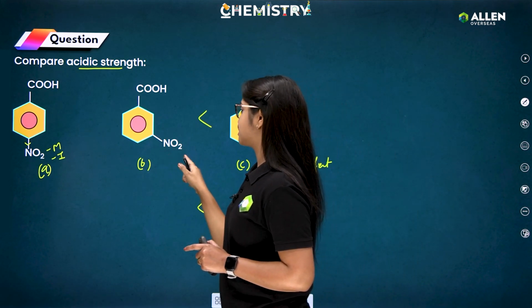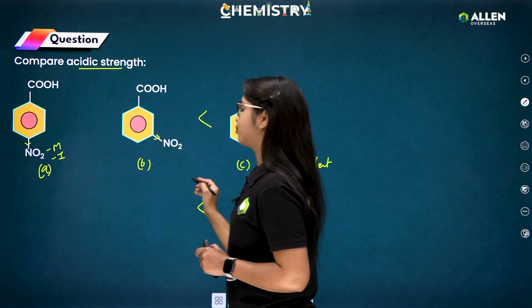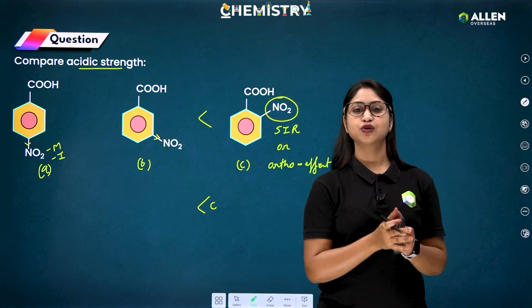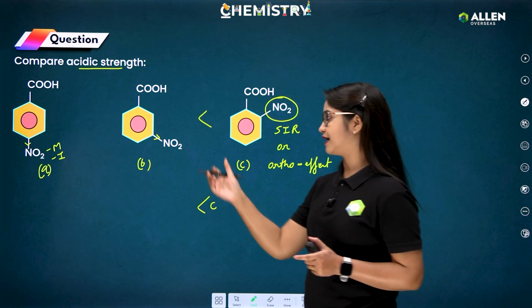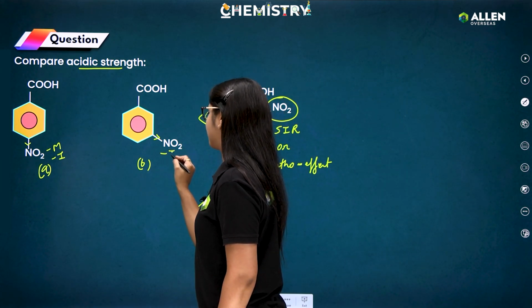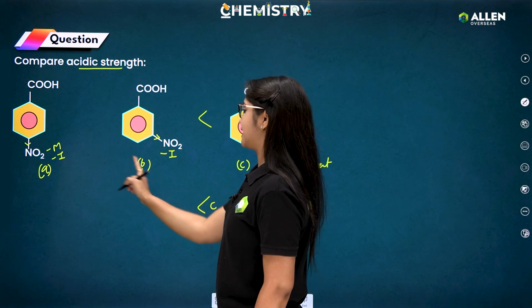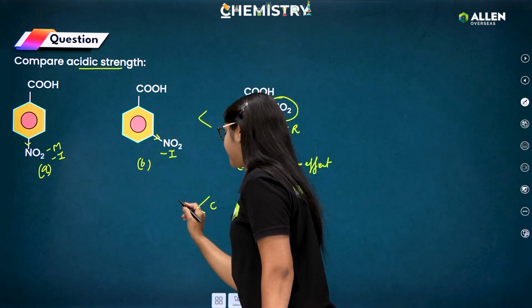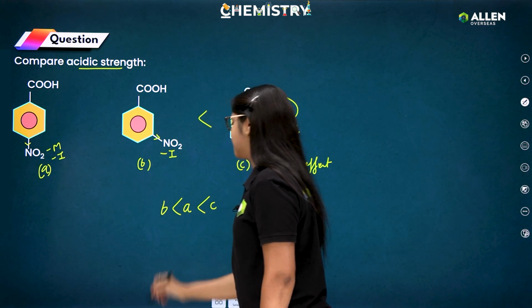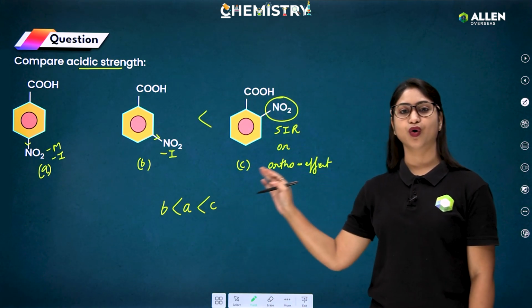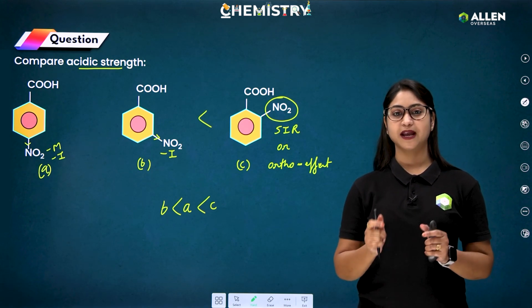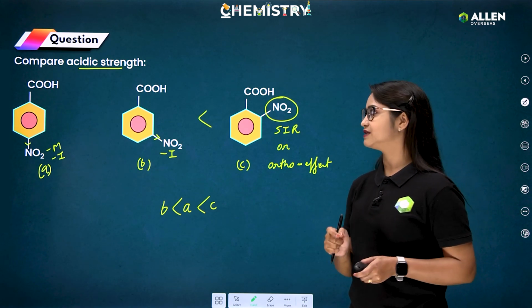But at the meta position, any group does not show the mesomeric effect. So at meta, only the -I effect will be working. So comparatively A will be more acidic. So after C you have A and then B. B will be the least acidic among all these acids. This is how we can compare the acidic strength applying the SIR effect also, right?